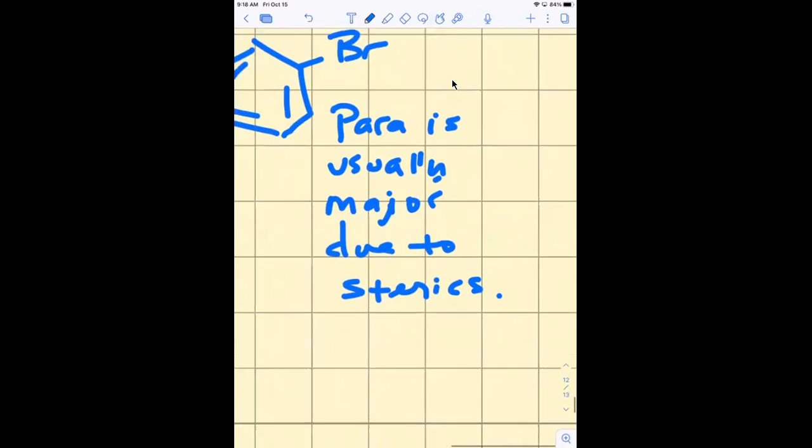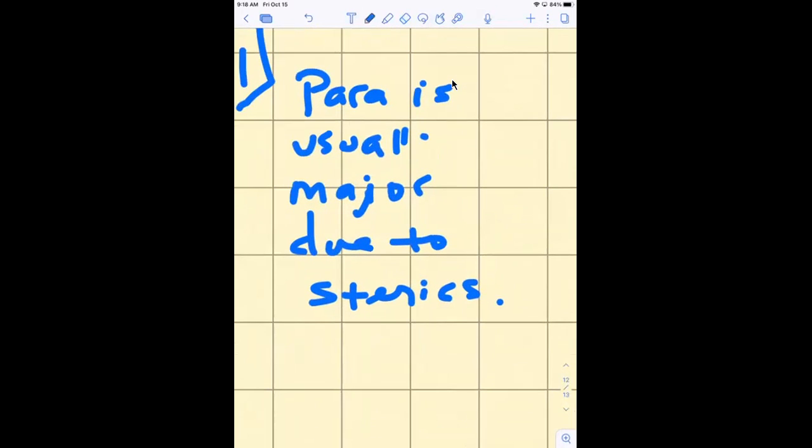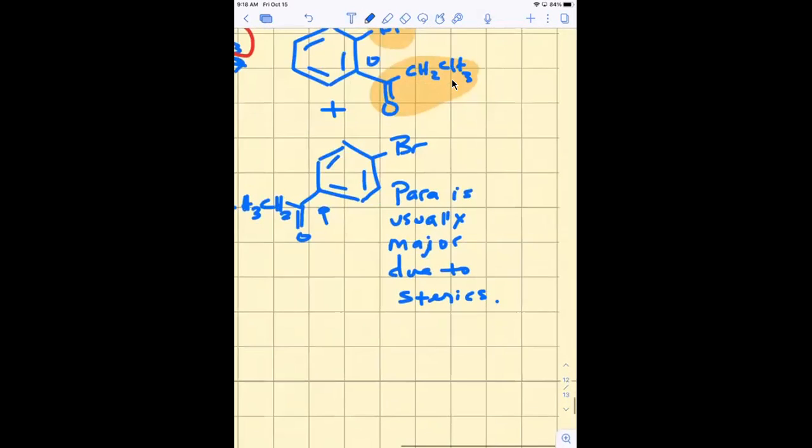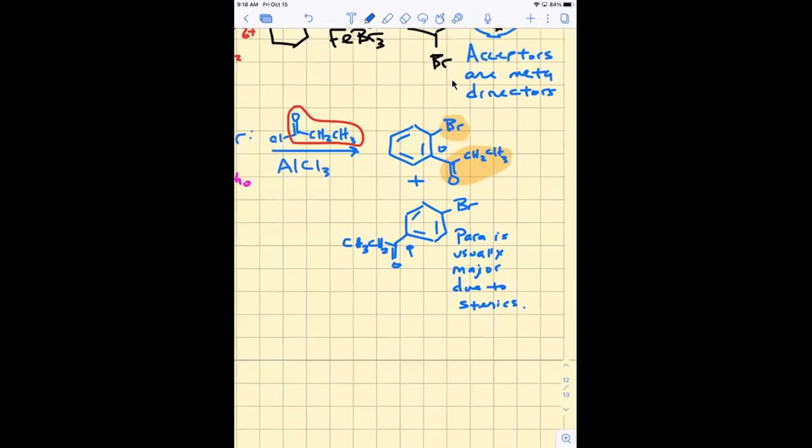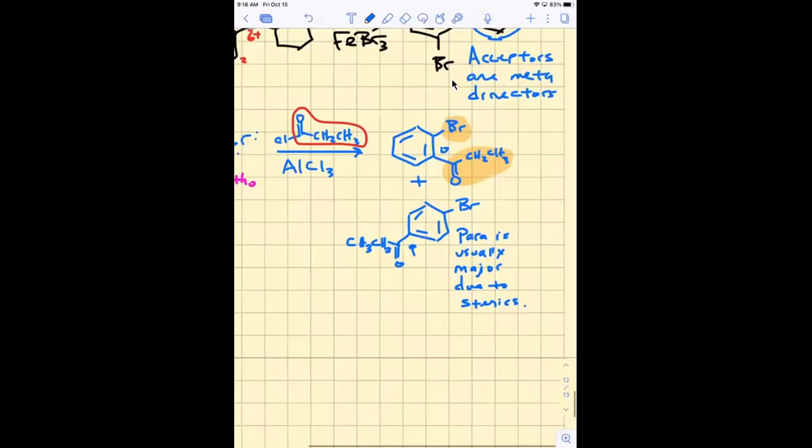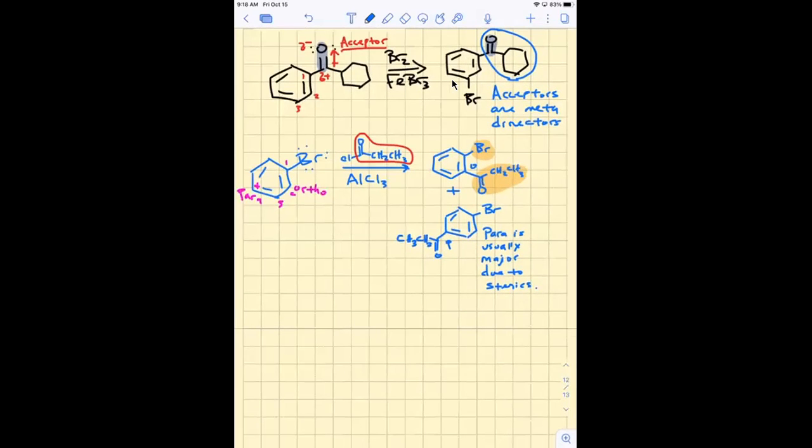The para product is normally your major product, right, due to sterics. Because of the closeness of the groups in the ortho product, that kind of destabilizes it a little bit. All right. Questions? Any questions about that? About anything?